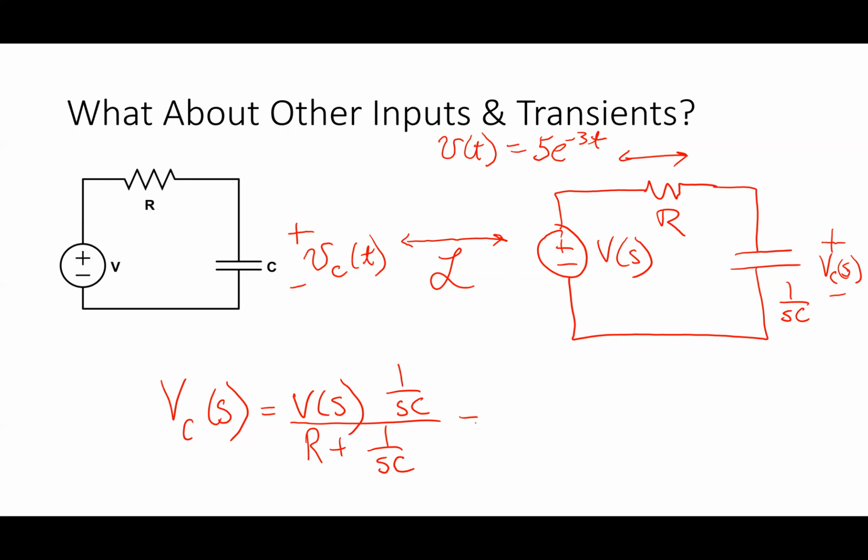Now, in general, we leave these things as functions of S, which we're going to see more on Wednesday. When I say leave it as a function of S, I want it to be ultimately a rational function of S. So hopefully we'll go back to your math days.